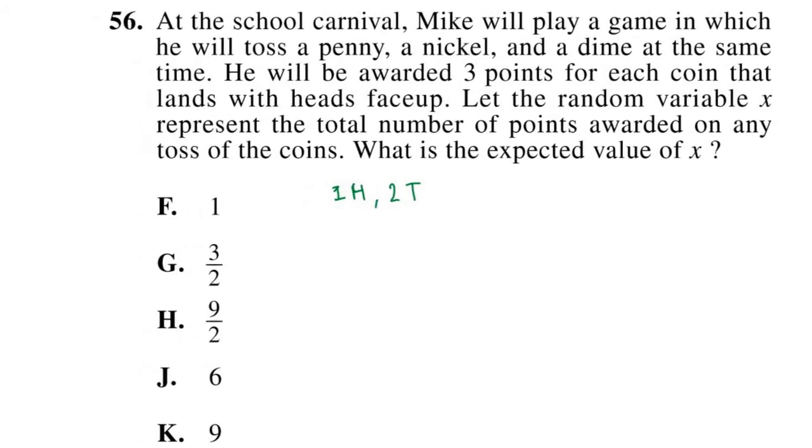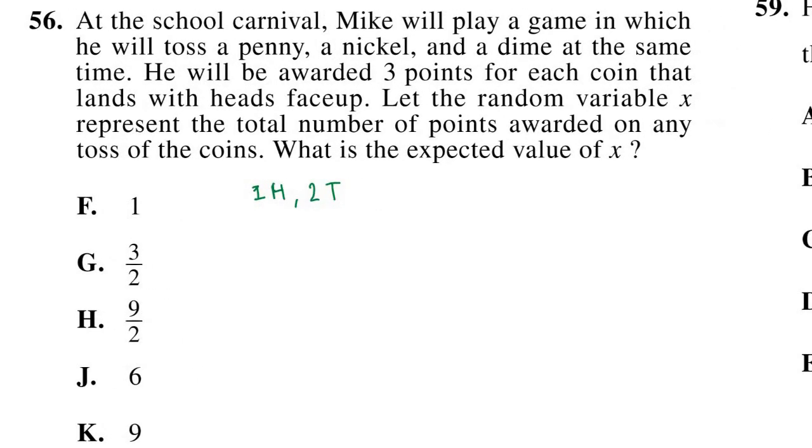This could happen a total of 3 different ways. So it could be either the penny, the nickel, or the dime that's heads up, and then the other 2 would be tails. So this is 3 possible times 3 points you would earn from that. Because you have 1 that's face up, every heads up would be 3 points.